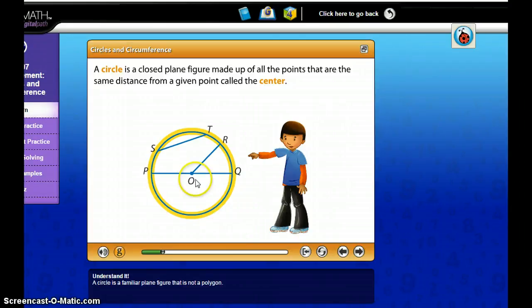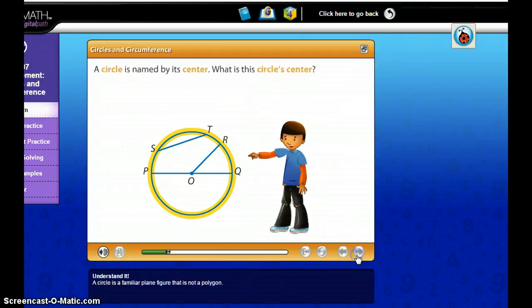Okay, so these points that are all on the outside here are all the same distance from the center. So the distance from center O to R is the same as from O to Q, O to P, O to S, O to T. They're all the same distance.